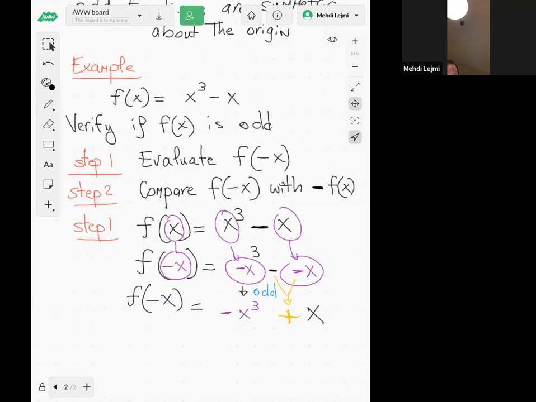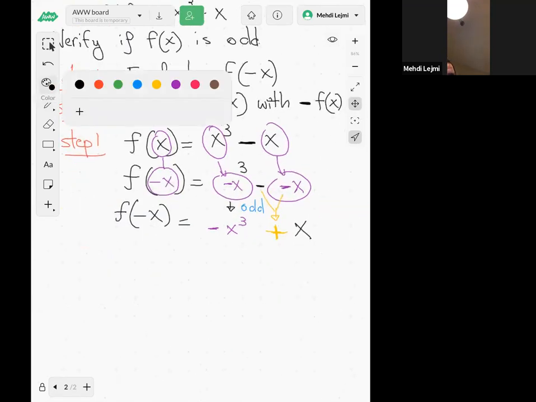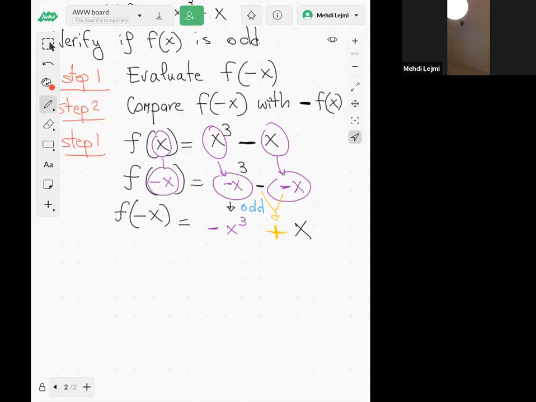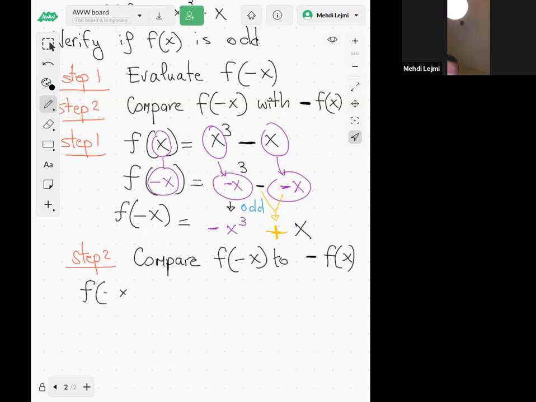All right, so now I can move to the second step and compare. So step 2. We need to compare f of minus x to, it's not f of x, it's minus f of x. First, what's f of minus x? Well, that's what I got in the first step: f of minus x is minus x cubed plus x.